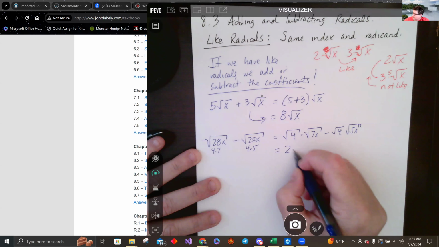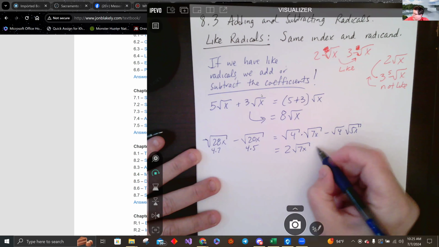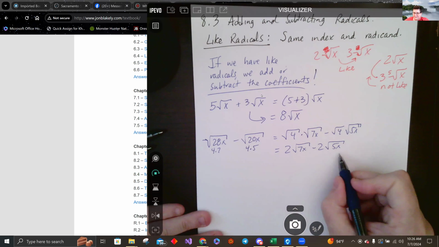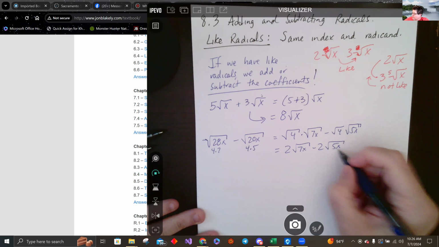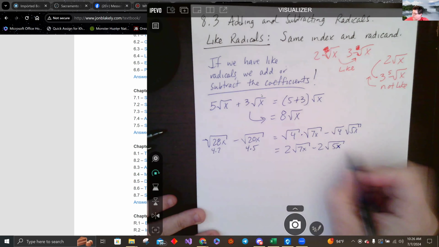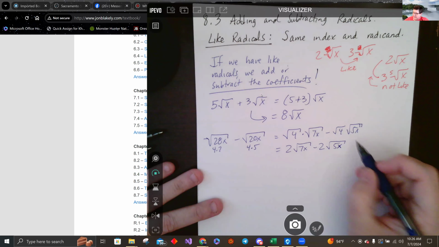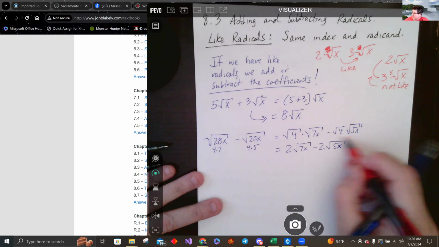And this is 2 square root of 7x minus 2 square root of 5x. These are different radicands. One's got a 7, one's got a 5. They don't combine anymore. This is as simple as it gets.